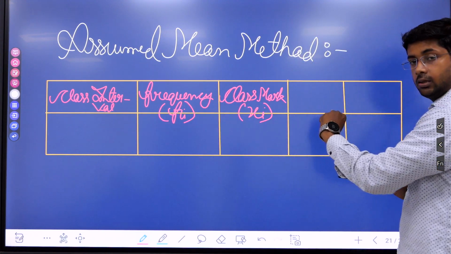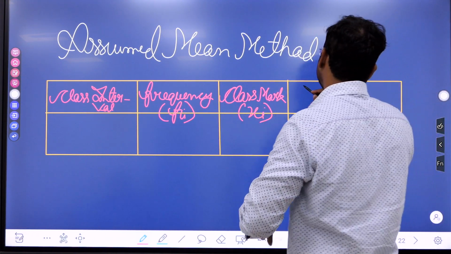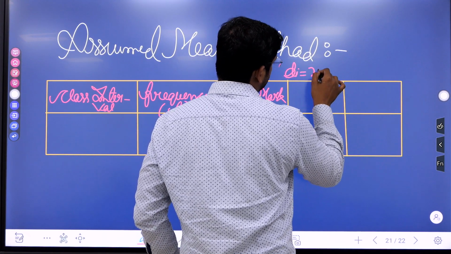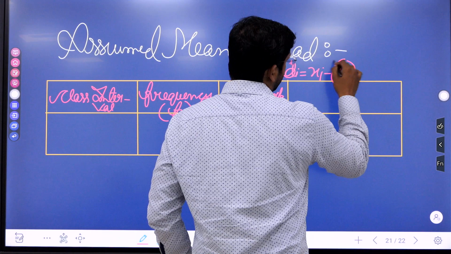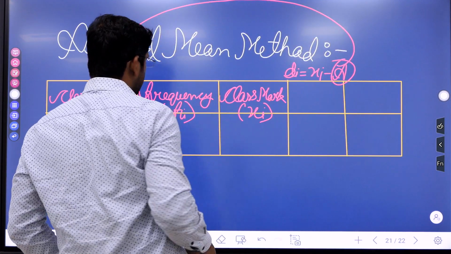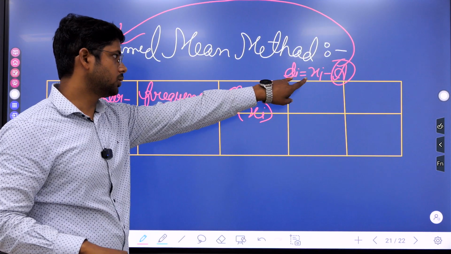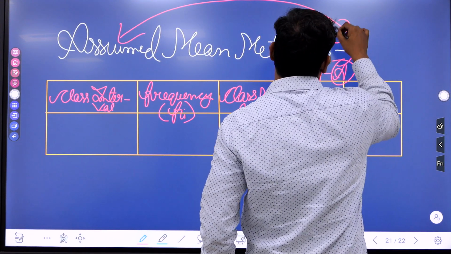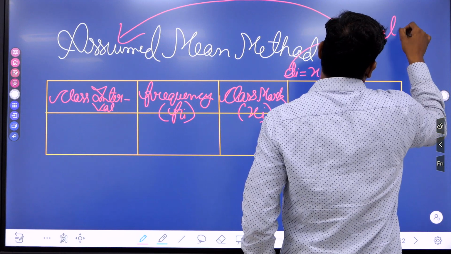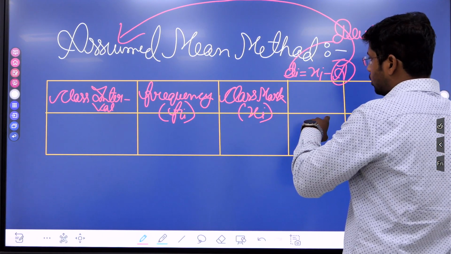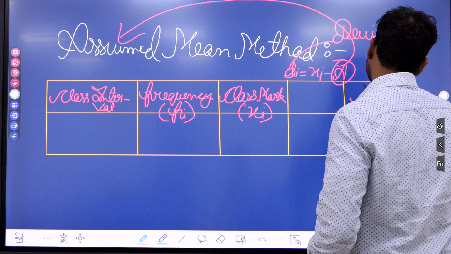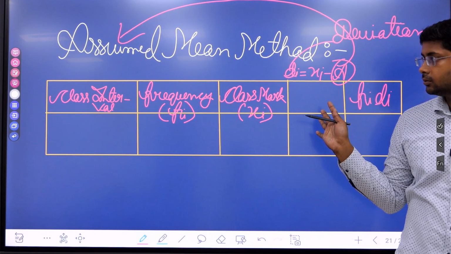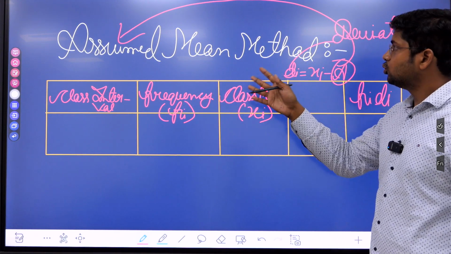Then you mention deviation, so deviation means di. So di equal to xi minus a, and a is the assumed mean. And in the last column you mention fi di. Okay, clear? So that is all about the assumed mean method.